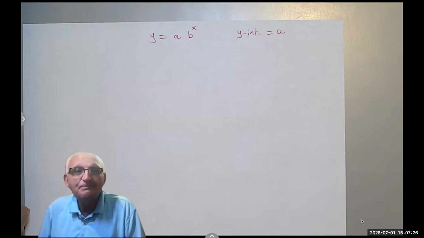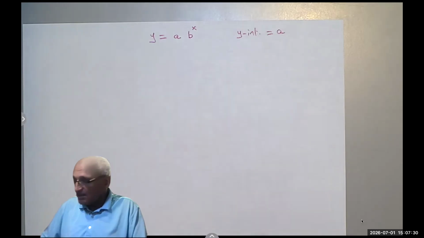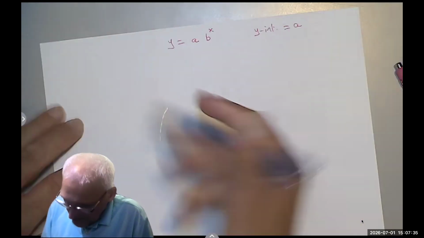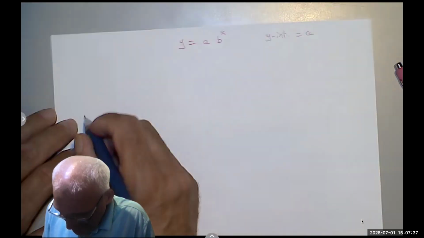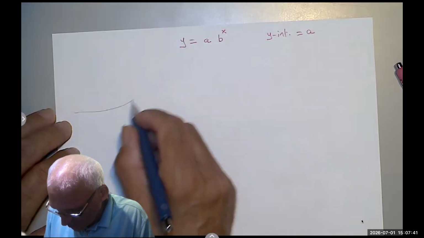One more thing, if that equation is a growth, meaning if b is greater than 1, the general shape of my function would go something like that. At negative infinity, it approaches 0, so 0 is an asymptote.